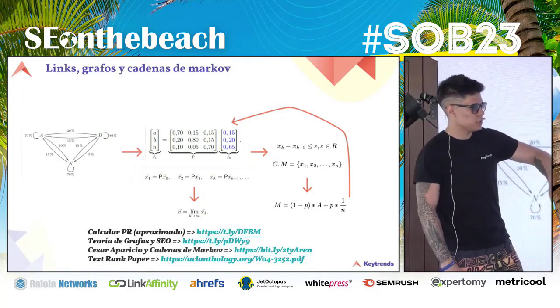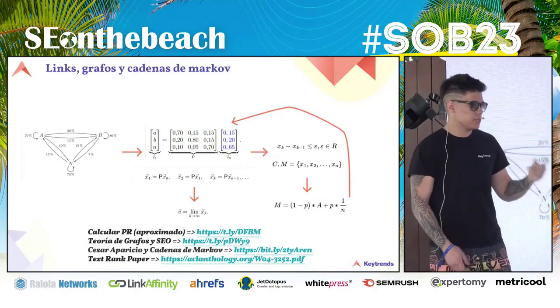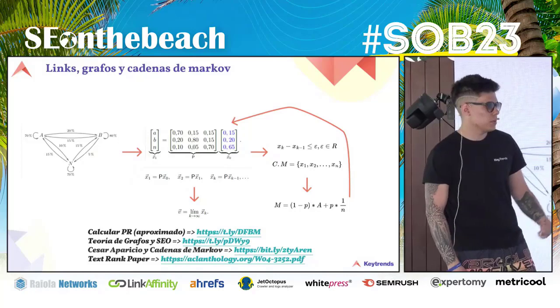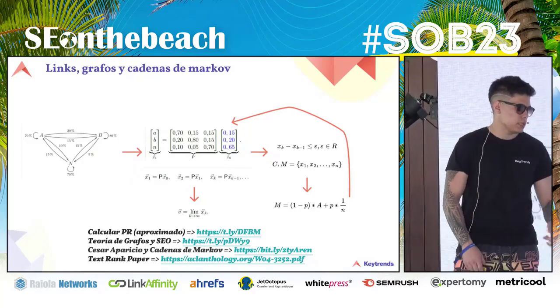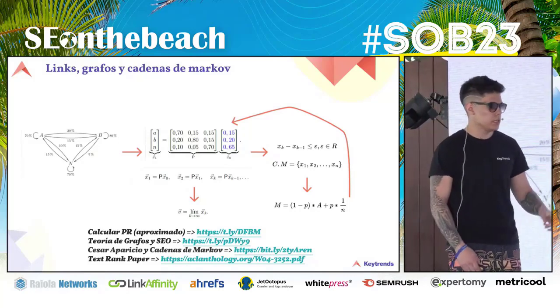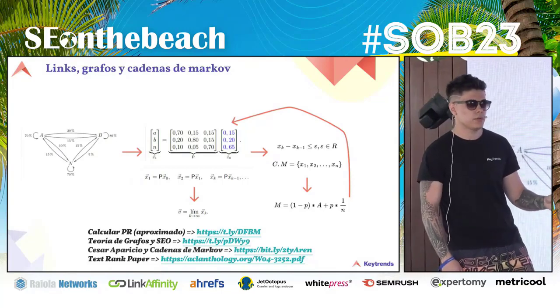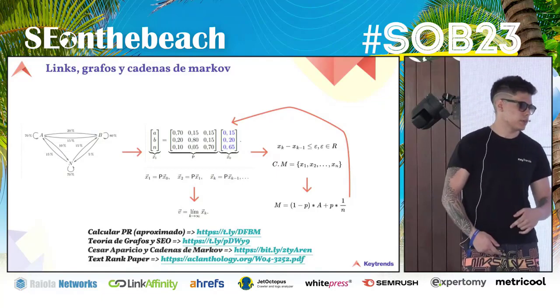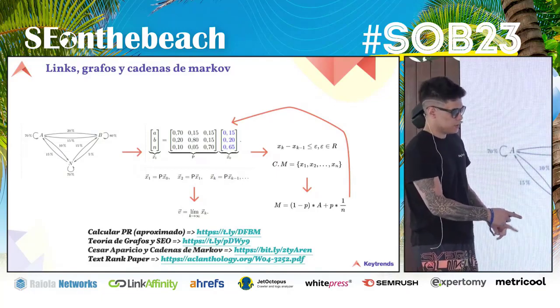All these vectors are Markov chains, and this way we can define the PageRank. And we have the damping factor and the number of URLs. This way we can have strong URLs.